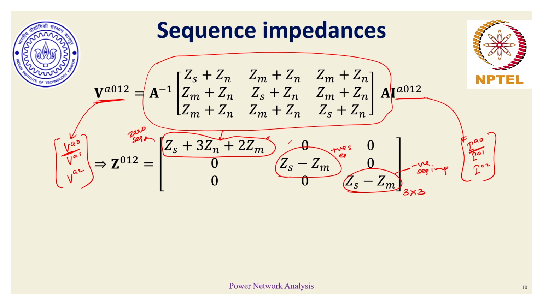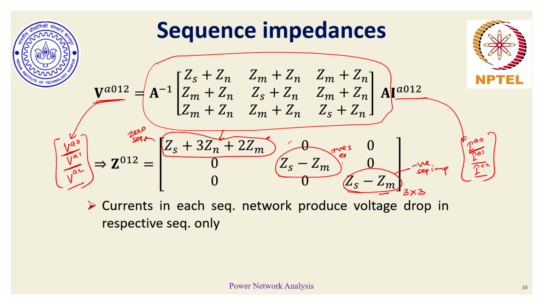That's the reason why the first term is the zero sequence impedance. Similarly, the second term, which relates VA1 with IA1, is the positive sequence impedance. And lastly, the third term correlates VA2 and IA2. So respective impedances lead to corresponding drops in their respective components only. They don't mingle or cross each other.